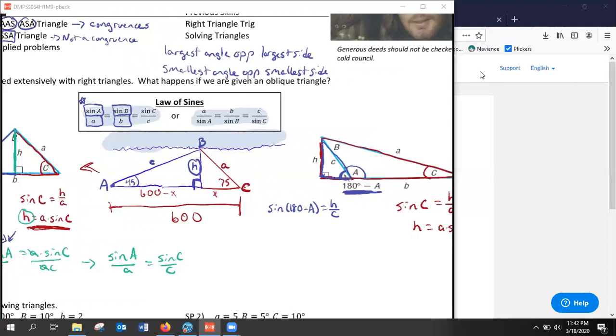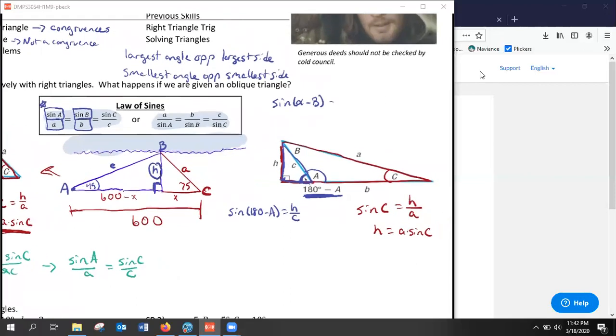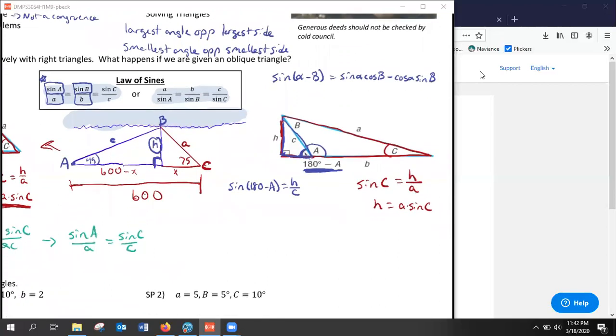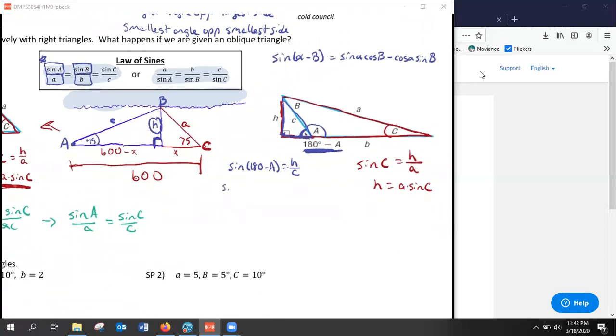but let's actually go ahead and prove that. If you remember from 7.5, if we take the sine of one angle minus another angle, that's going to be equivalent to the sine of the first, cosine of the second, minus the cosine of the first, sine of the second, which if we bring it down to this problem, means sine of 180 cosine of A minus cosine of 180 sine of A, and that equals H over C. And sine of 180 degrees is 0.